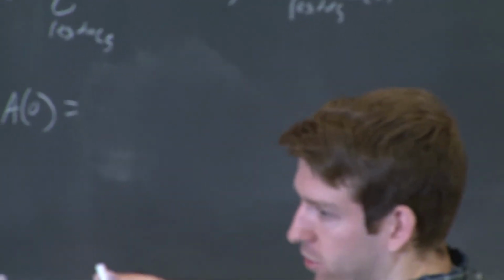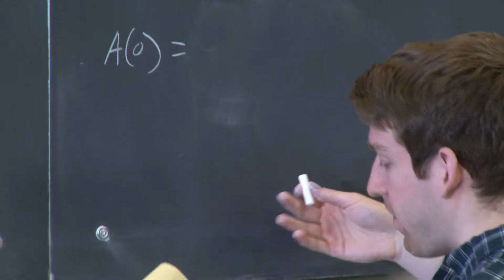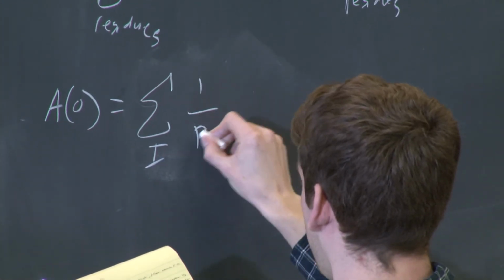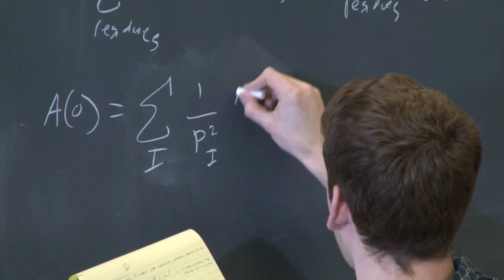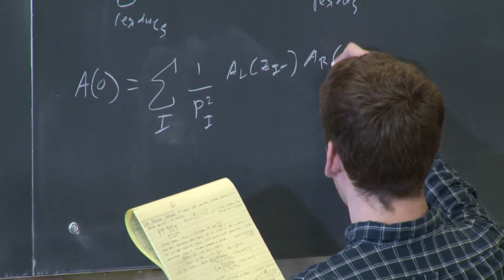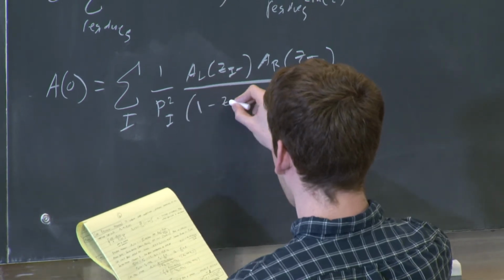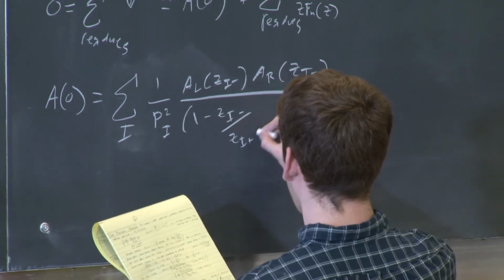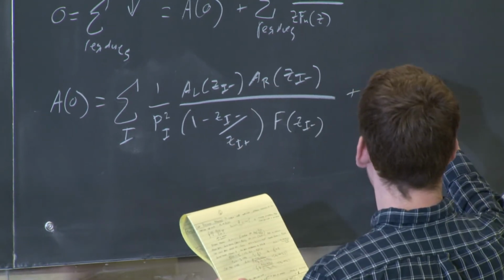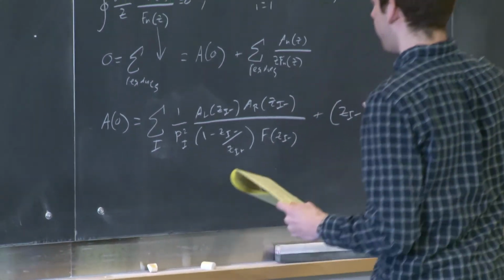If you go through what it means for an internal particle to be on shell, you find there are 2 possible values of z corresponding to when that happens, and then the formula you get is... OK, so that's how it works.